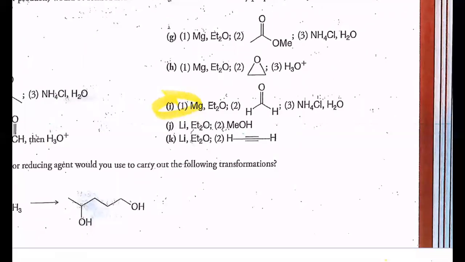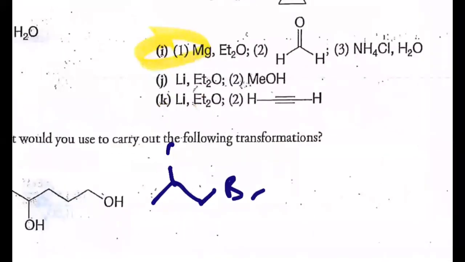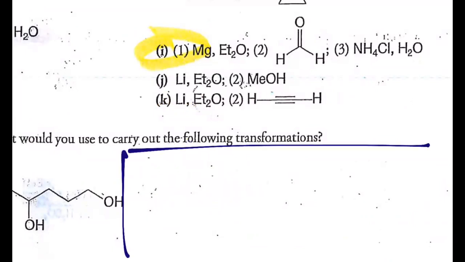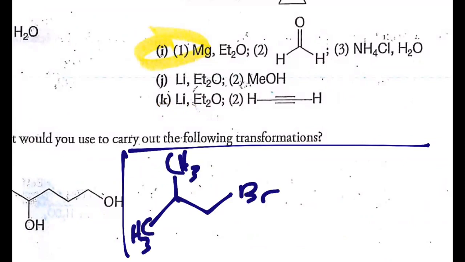So 1-bromo-2-methylpropane is a 3-carbon chain with bromine on carbon 1 and a CH3 group here. That's what that looks like. Let me draw that better. All right, so it's that.